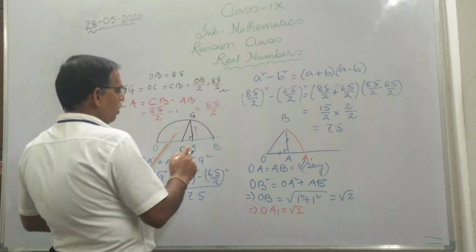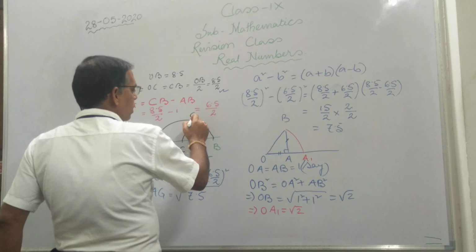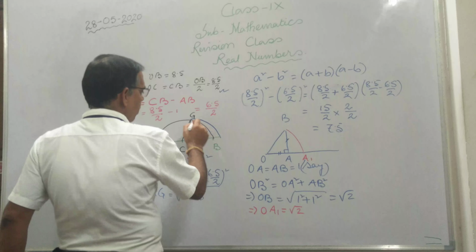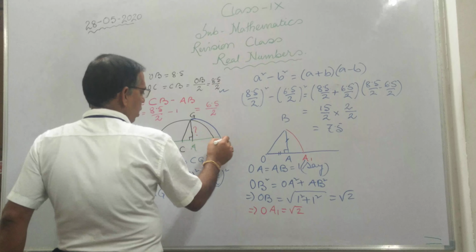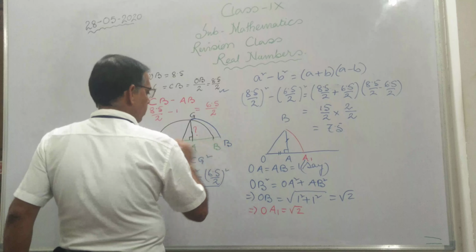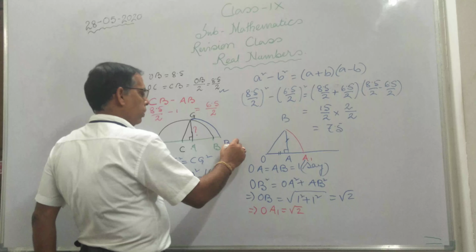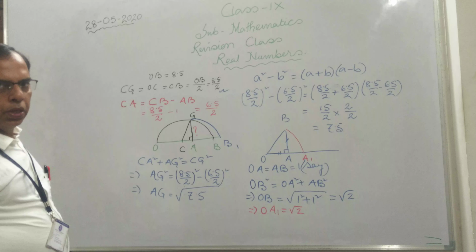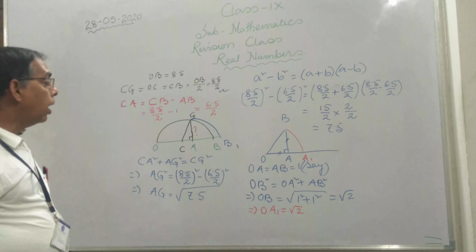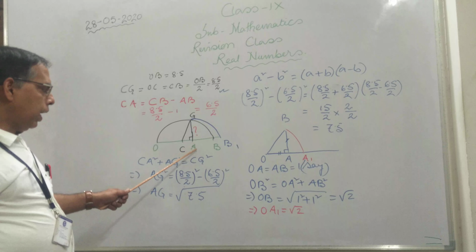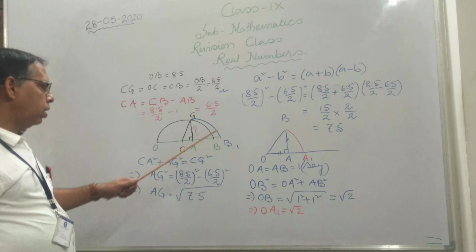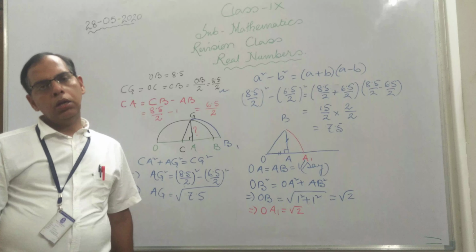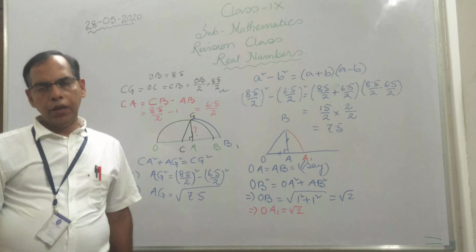So take A as center and the measurement AG, and draw the arc with the compass. Then this is your B, suppose B1. So what is the length AB1? AB1 is root over 7.5.